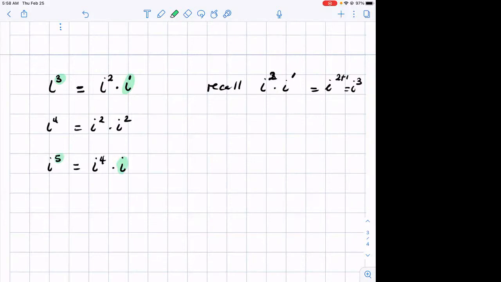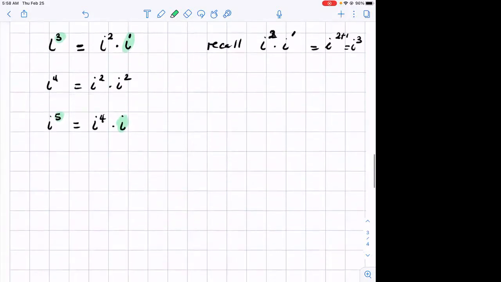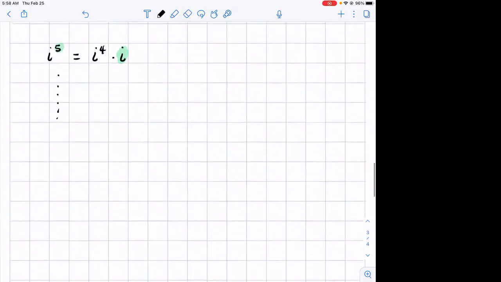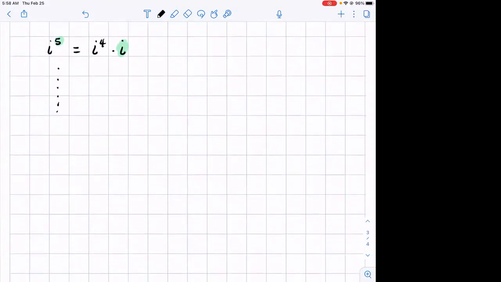So why are we showing you this? Just keep in mind this can go on and on and on, but at a certain point it gets too complicated to write these things out. So we can simplify a better way. If I ask you, can you simplify i to the 50th power?